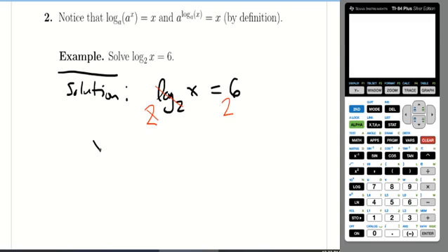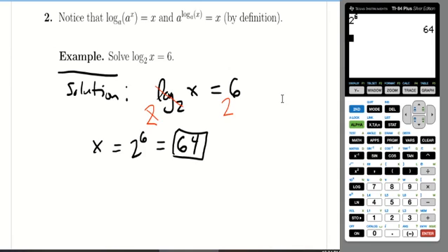So we're left with x is equal to 2 to the 6th power, which is 64. 2 cubed is 8, so 8 squared is 2 to the 6th. So that's when I'm 64, as Paul McCartney would say.